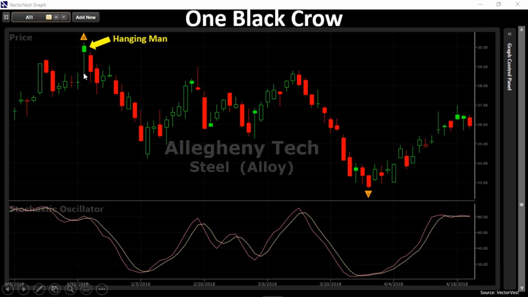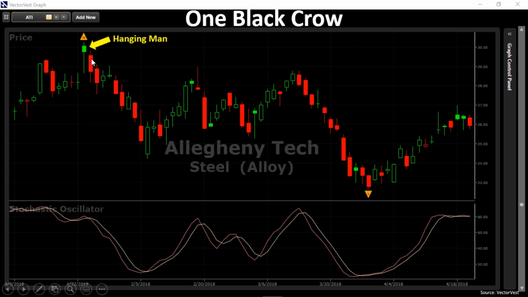They pushed the stock price all the way down here, but they gave up, and the buyers came in, or some short covering, and caused the stock to close well off of the low, but nearer to the high of the session. It has bearish implications because you cannot ignore the fact that sellers were able to, during the trading session, push the stock price all the way down there.